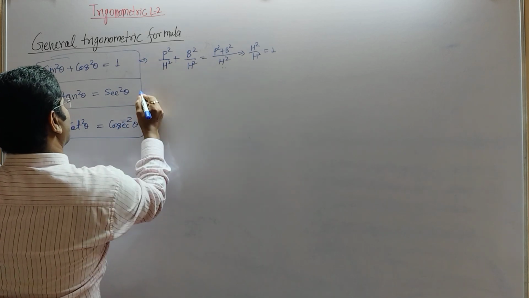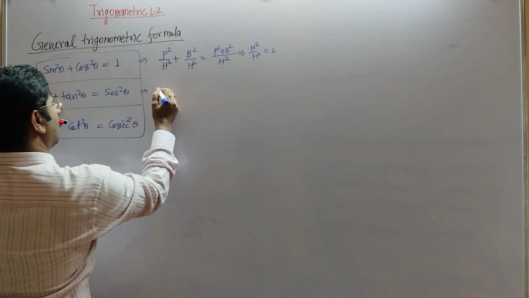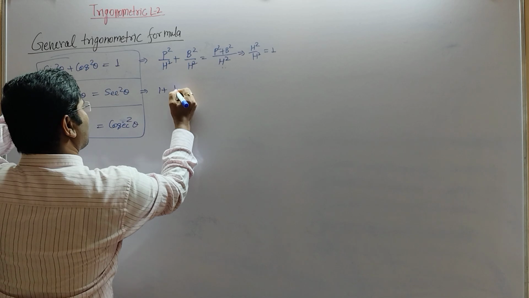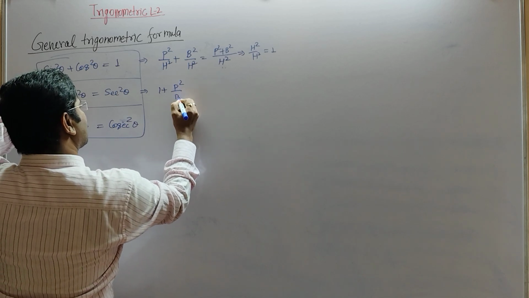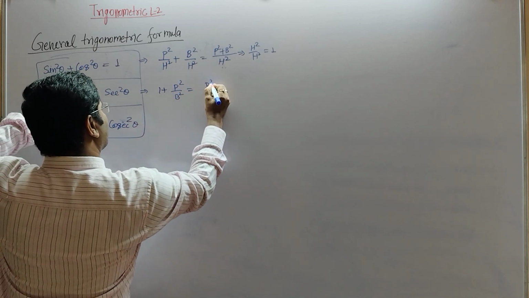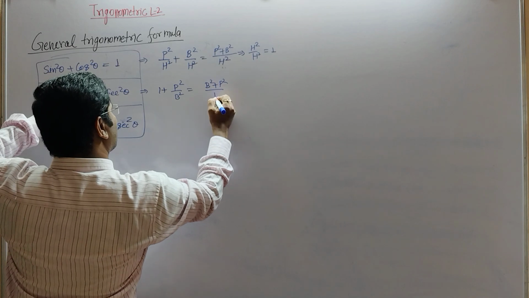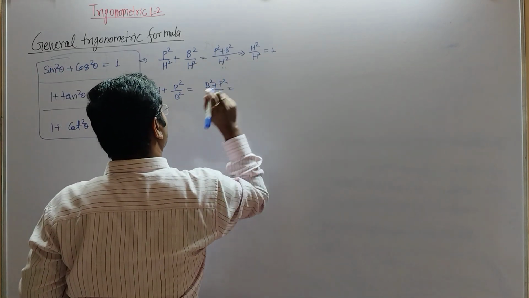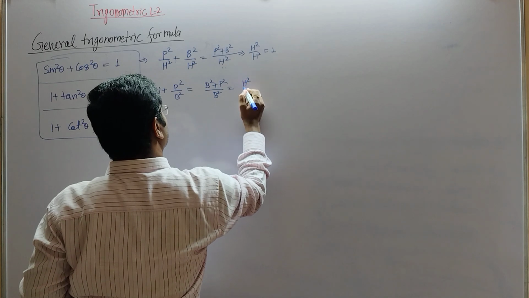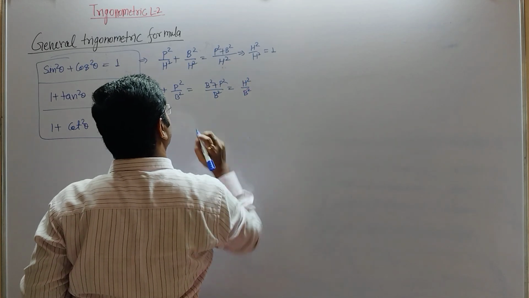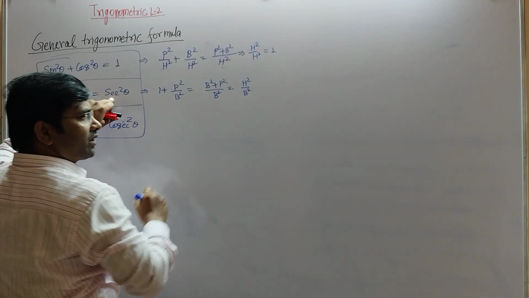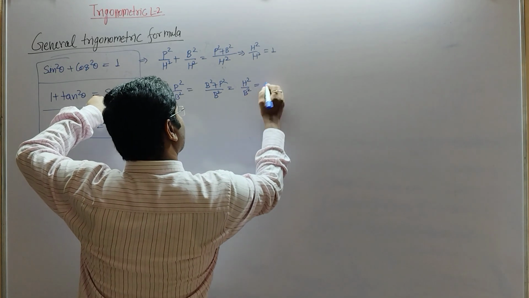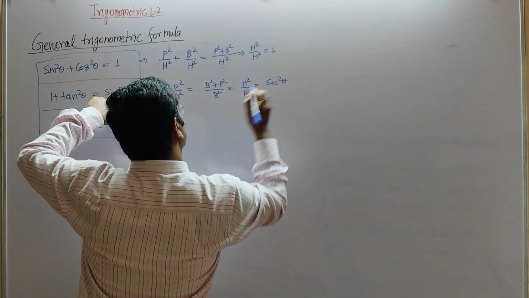Similarly, we can prove the second one. 1 plus tan square theta, where tan is perpendicular upon base, so we can write b square plus p square upon b square. B square plus p square is base square plus perpendicular square, which is hypotenuse square, over base square, and we know sec is hypotenuse upon base. So this will be sec square.